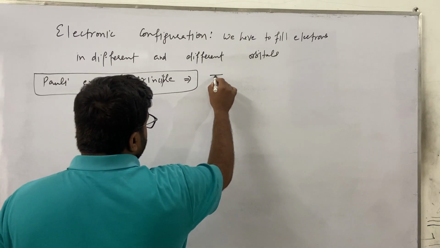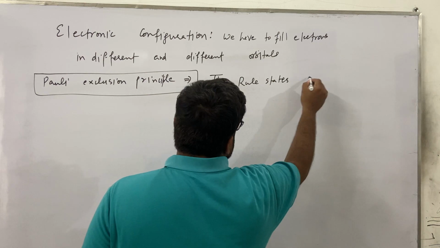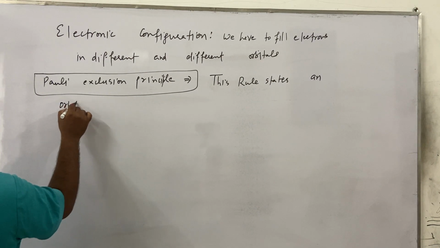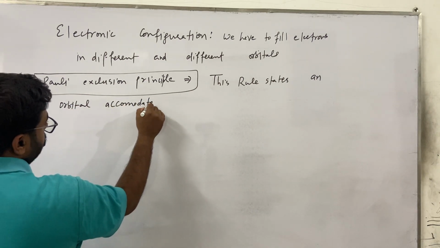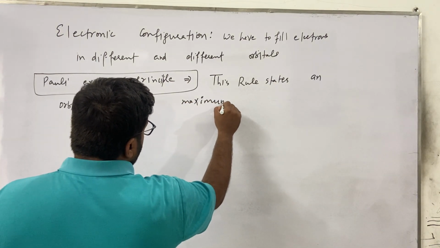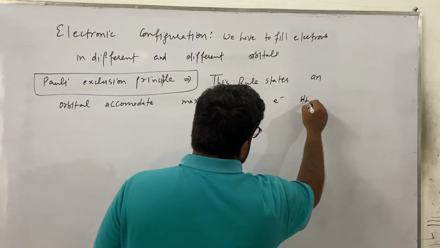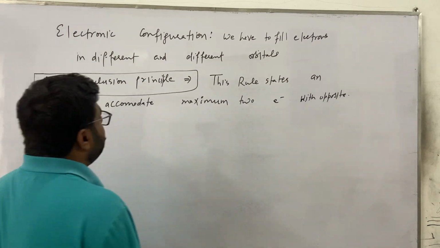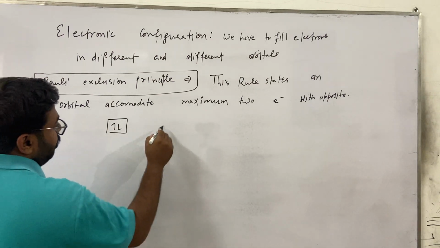This rule states that an orbital can accommodate a maximum of two electrons with opposite spin.